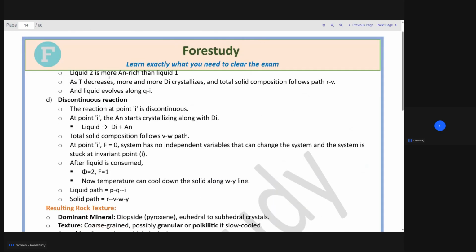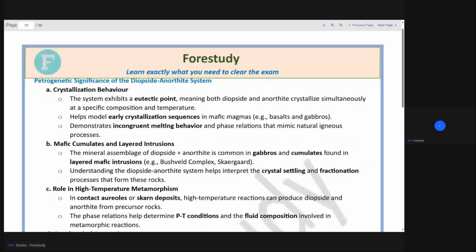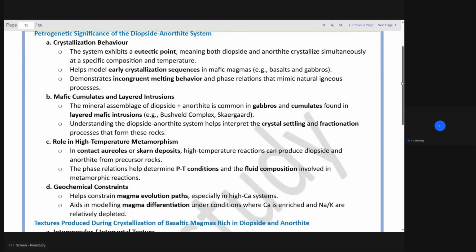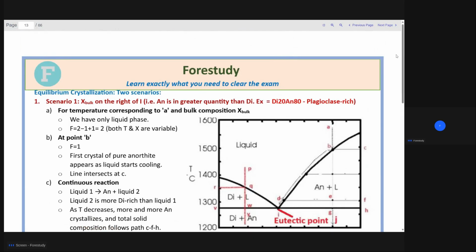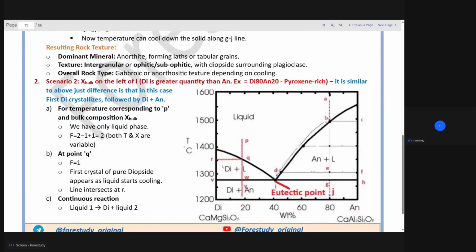Since liquid 2 is more anorthite rich than liquid 1, as T decreases, more and more diopside crystallizes. The total solid composition follows path RV, and liquids evolve along QI. So the crystallization path is RV, whereas the melting path will be Q to I.